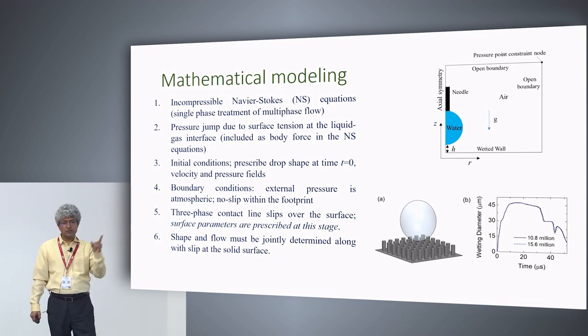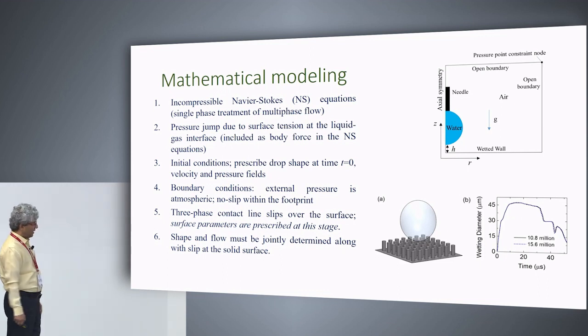There was reference to one paper by Scriven. I think the term used is contact line singularity because the no-slip condition is violated at that point. So it requires special treatment, and what should that treatment be? That's called contact angle modeling.